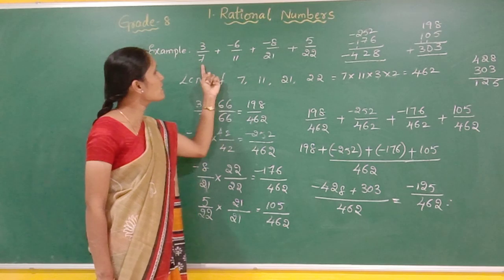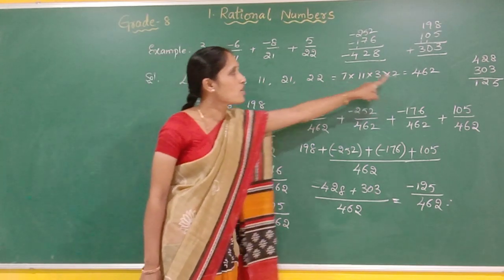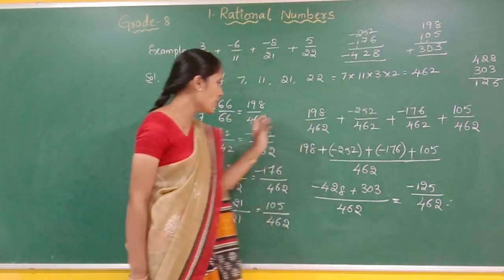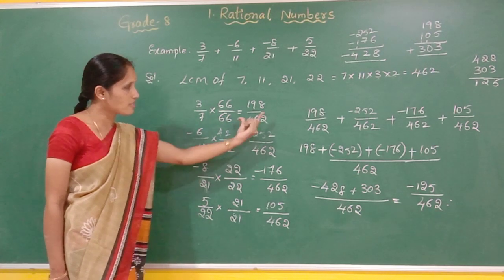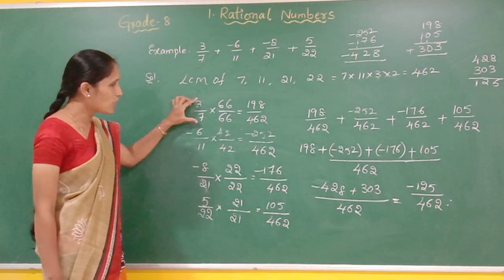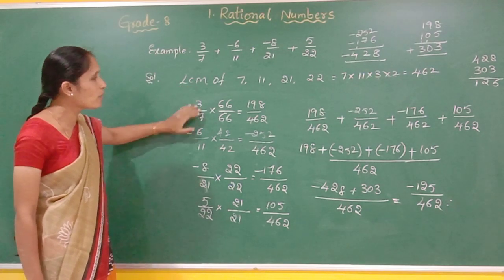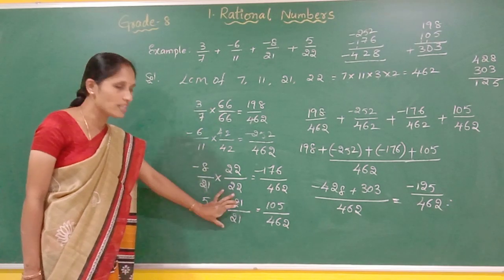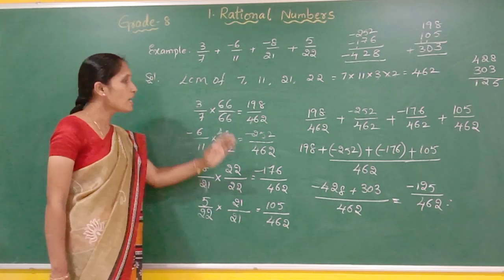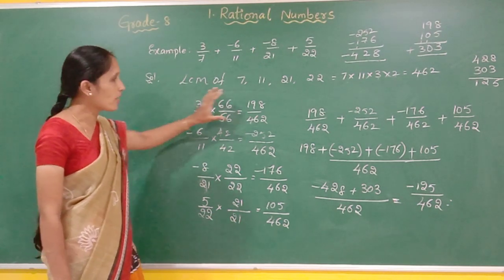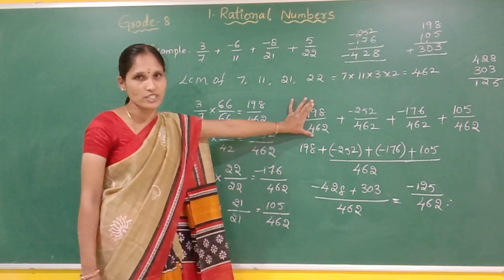LCM of denominators 7, 11, 21 and 22 is 462. Then write the equivalent fractions of the given numbers. How to write? Multiply both numerator and denominator by the same number, and we get the equivalent numbers of the given rational numbers. Yes, in place of 3 by 7, we write 198 by 462.